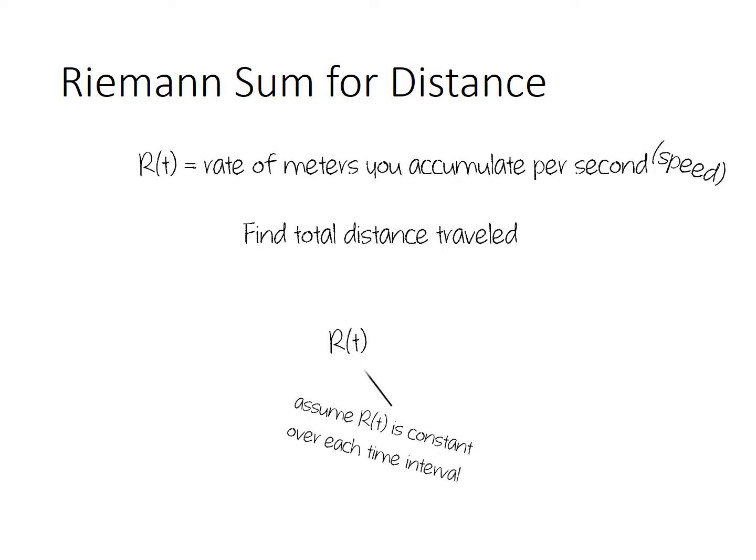And then we multiplied the value of r by the change in time to get the distance traveled over the interval. And then we added up all of these distances, starting at 0 seconds up to 12 seconds, to get an estimate for the total distance that we traveled. We got 44 meters when we used the speed at the beginning of each time interval.